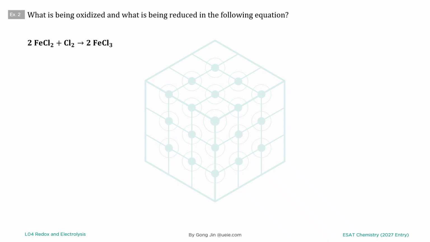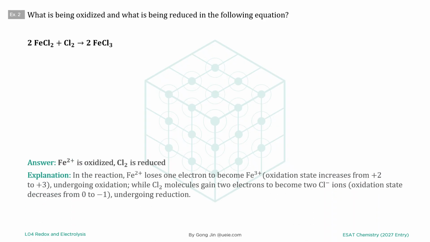Let's apply the concept of electron transfer to this problem. We're looking at the reaction between iron(II) chloride and chlorine gas, which produces iron(III) chloride. Let's check the oxidation states. Iron changes from +2 to +3. It loses 1 electron, so it undergoes oxidation.